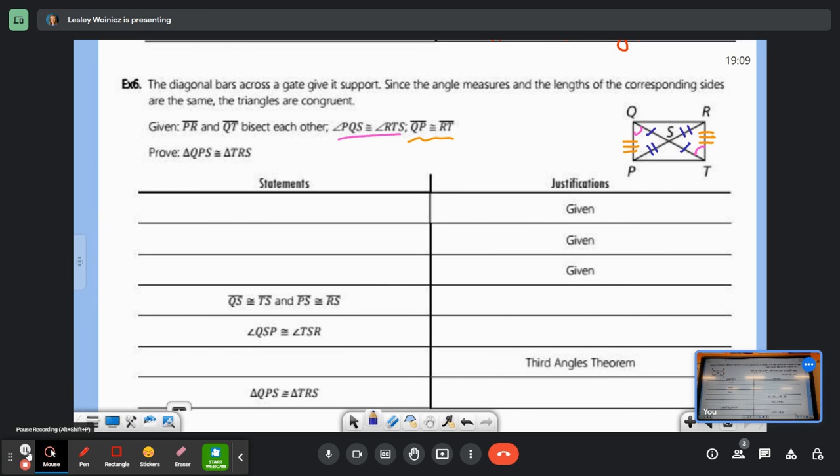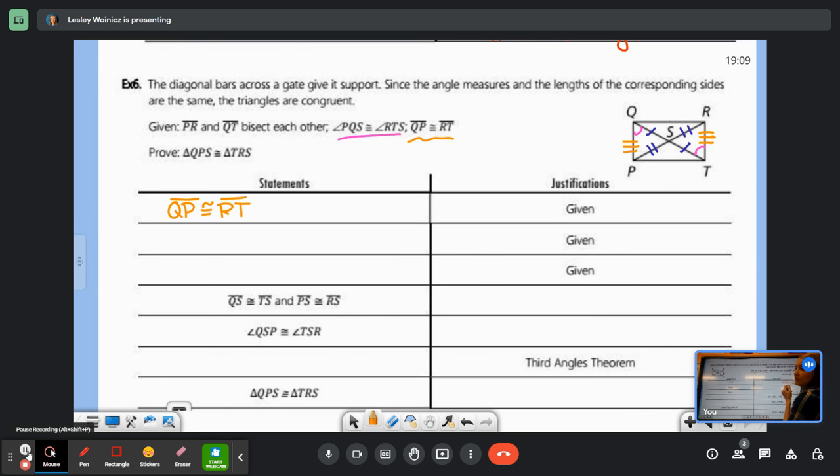So first, let's start with those little sides, QP and RT, that we just did in orange. We know that QP is congruent to RT. That was given to us.